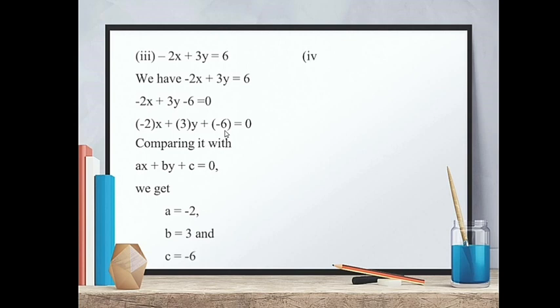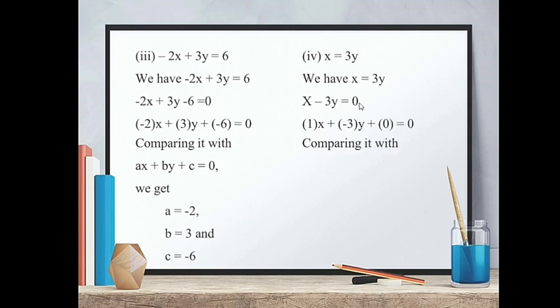Then the next question, fourth, it is x equals to 3y. So we can write it, the x equals to 3y, as x minus 3y equals to 0. So we have transferred this 3y to left side, so plus 3y have become as a minus 3y and here what is left, 0. So now we can write it as 1 into x plus minus 3 into y plus 0 equals to 0.